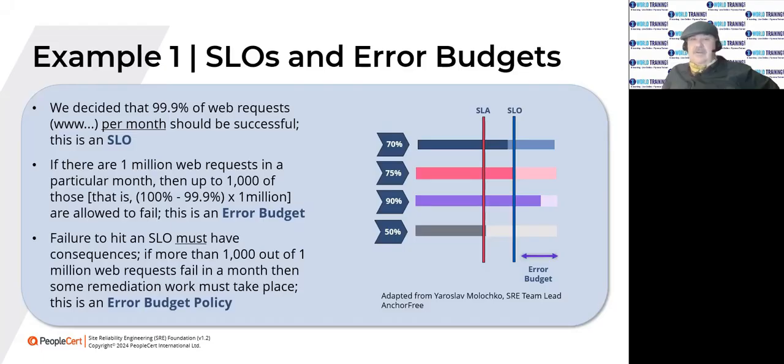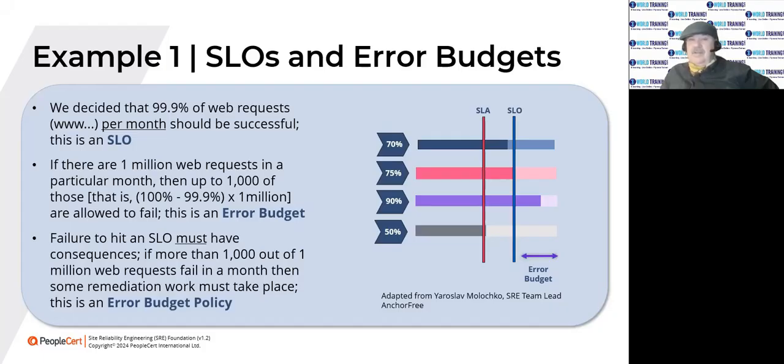Sometimes these things are hard to get close to 100% because there are dependent services that prevent you from making a commitment. Let's say you have a service that works over the internet. You can't guarantee the performance of the internet all the time. That's really in the domain of the customer or other service providers. So you may not want to overcommit on that one. These are just examples.